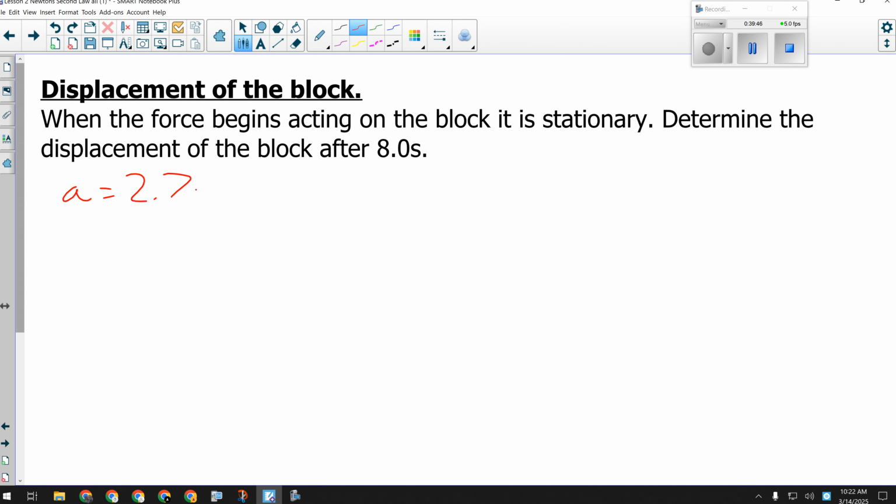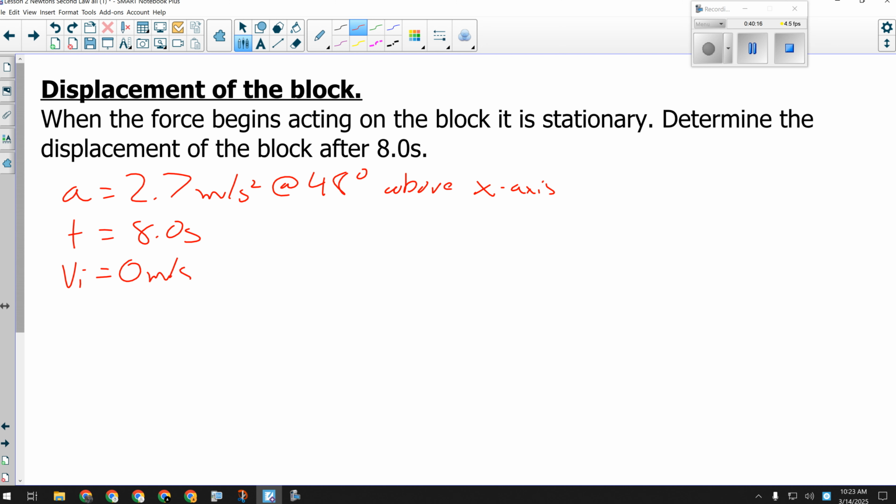Our acceleration is 2.7 meters per second squared at 48 degrees above the x-axis. Right? So doing that from memory, just not good when you're old. So what else do I know? I know time. Time is 8 seconds. What else do I know? I know one other thing. VI. When the force acts, the block is stationary. VI is 0.